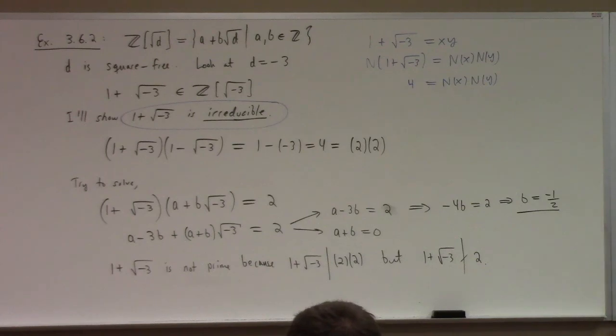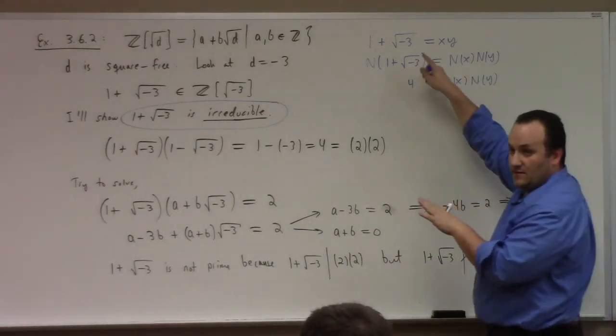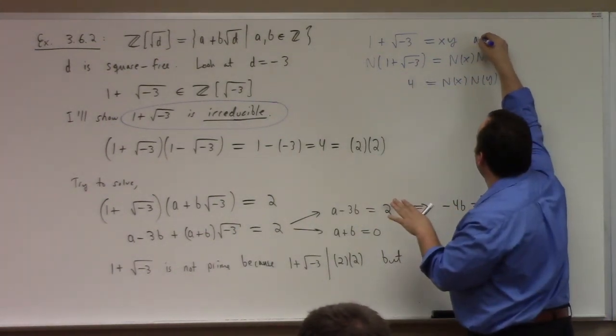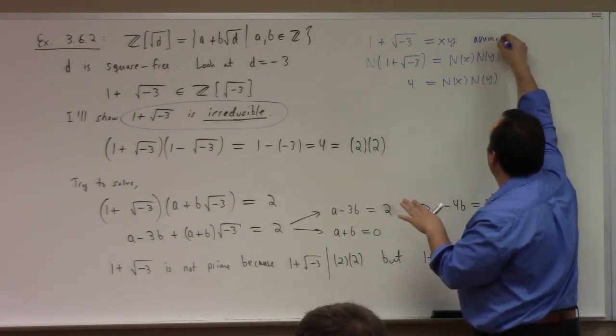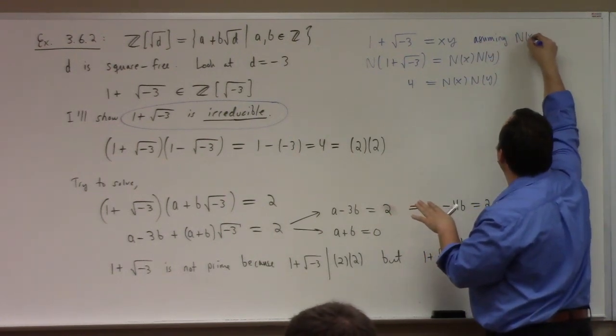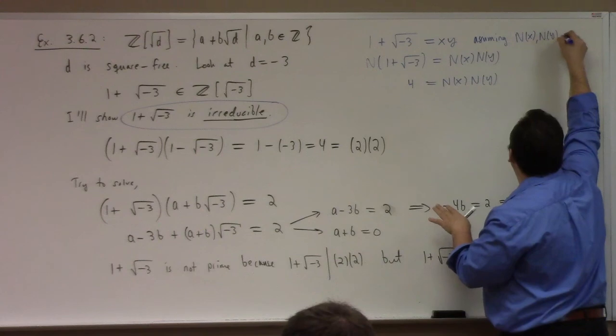Then what? Keep in mind that N of x and N of y are integers, right? And they're not 1. If they're 1, we don't care. We're interested in non-unit factorizations of this, right? So we're assuming that N of x and N of y are not equal to 1.